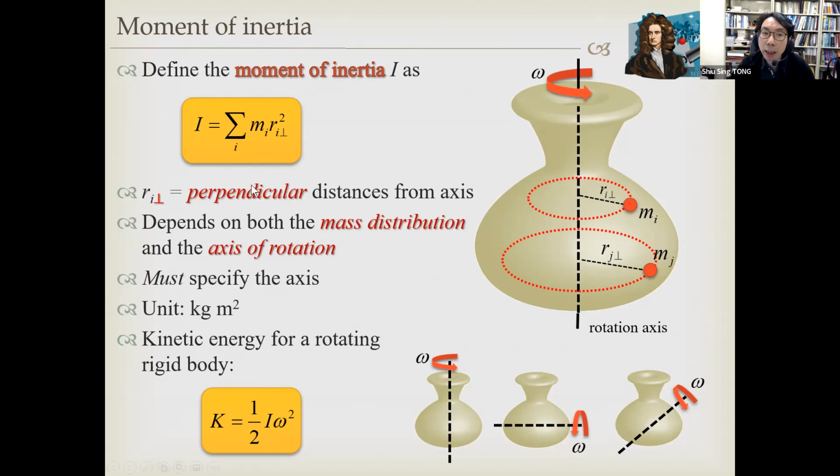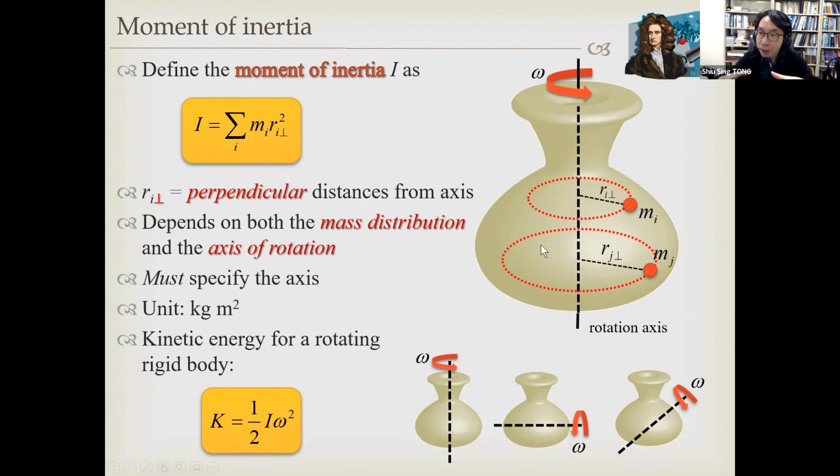Now you can easily see that the quantity I depends on two factors. The first factor is how the mass is distributed in the object. The second factor is the axis of rotation. Now you see, I have a flask here, the solid object that takes the shape of a flask, right?